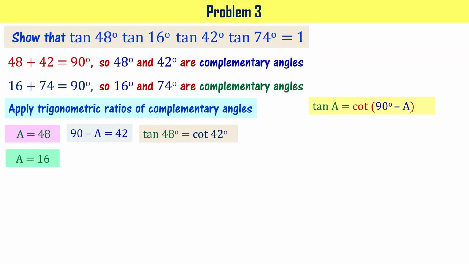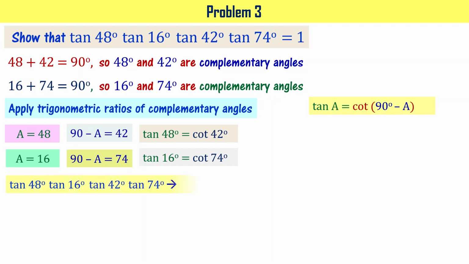Similarly, if I say A equal to 16, 90 minus A is 74, and tan 16 can be written as cot 74, right? So the given problem, tan 48 times tan 16 times tan 42 times tan 74 now can be written as cot 42 times cot 74 times tan 42 times tan 74, right?